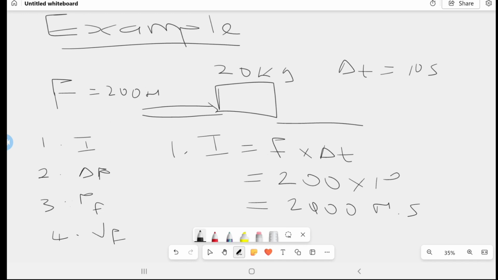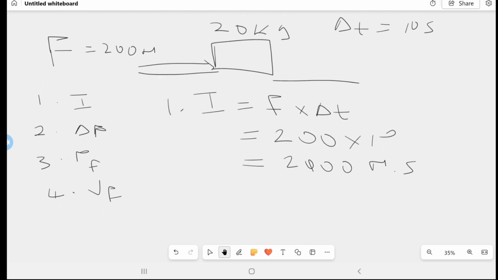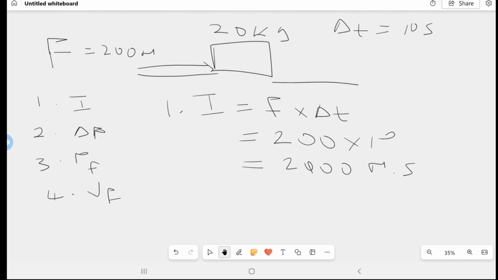So that's your impulse. But I want you to notice something. Force is a vector quantity, and this force is applied in a certain direction, which is this direction. We said to the left or to the right, but mostly for impulse it doesn't matter. But when you calculate momentum, make sure that you mention the direction.